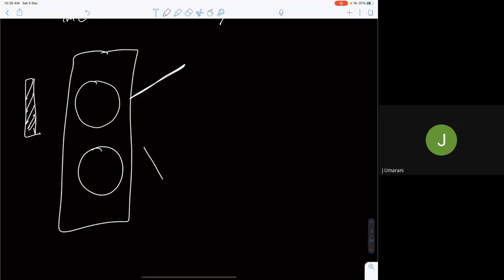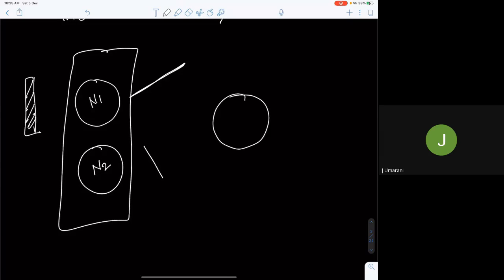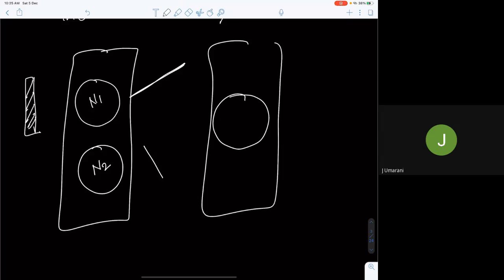That can be the first layer, in which neuron number 1 learns one line and neuron number 2 learns another line, and then I have another neuron in my second layer.